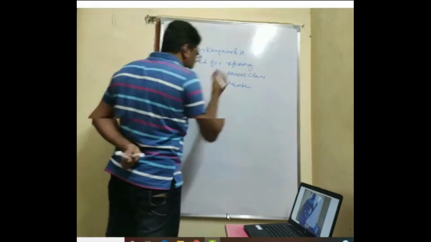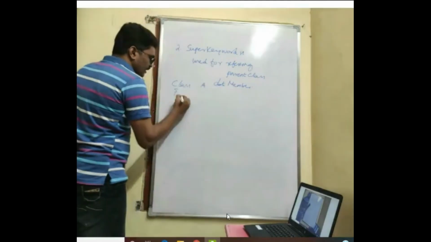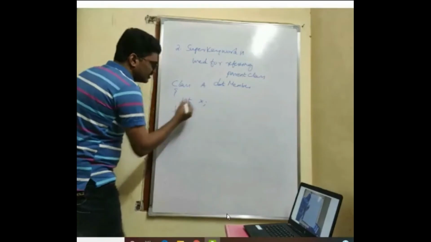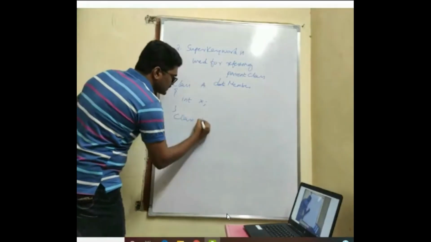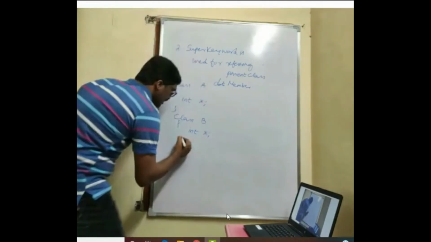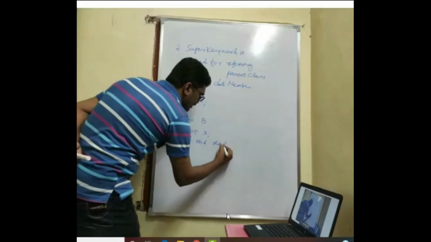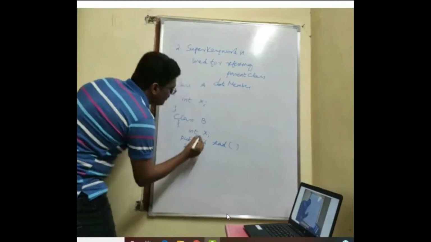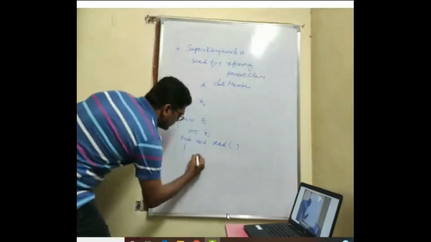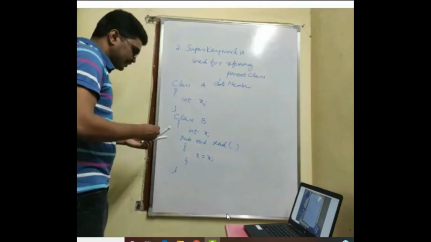In the same case we studied previously with the this keyword, we have class A, and now class B with int x. I'll write something like public void read, where both are small x, x is equal to x.